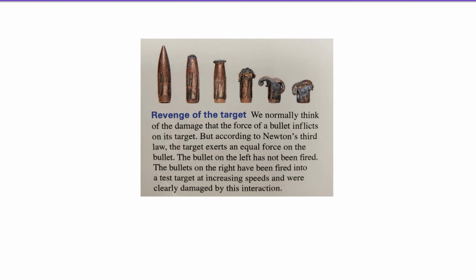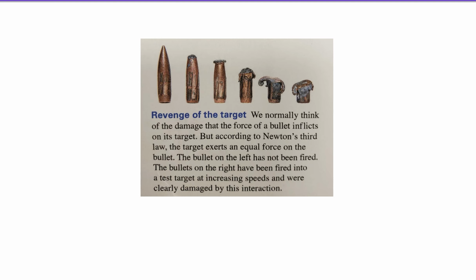So we have a bullet. We normally think of the damage that the bullet inflicts on the target, but according to Newton's third law, the target will also exert damage on the bullet. So the bullet on the left was not fired, but moving our way through the bullets as we go through the progression here, they have been fired into a test target at increasing speeds. It's the same bullet, but fired with a higher and higher speed towards the target.